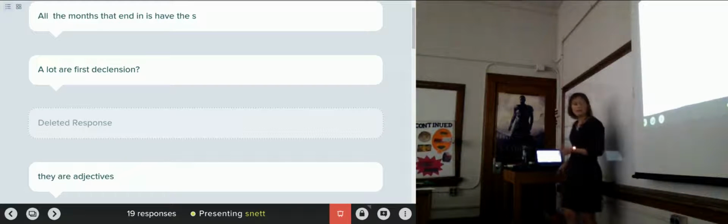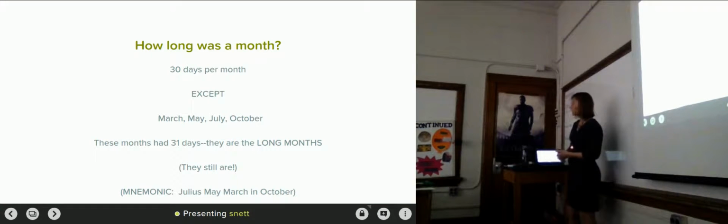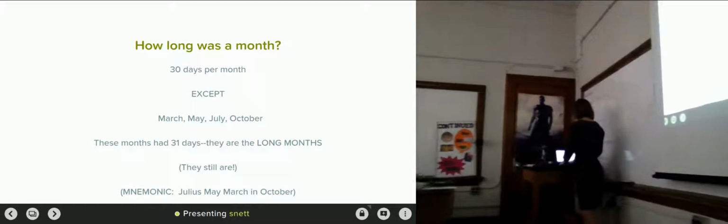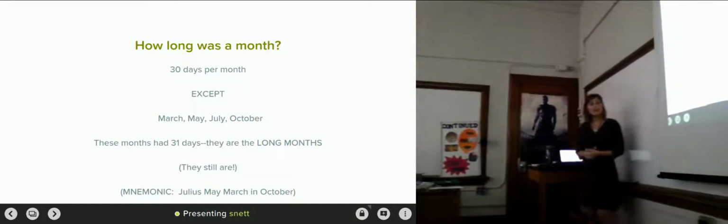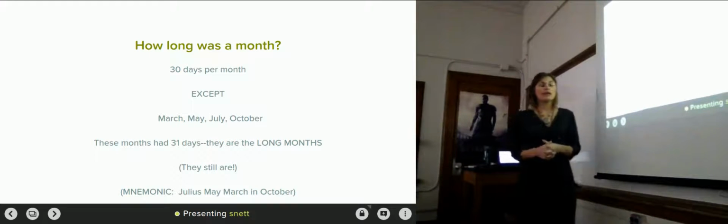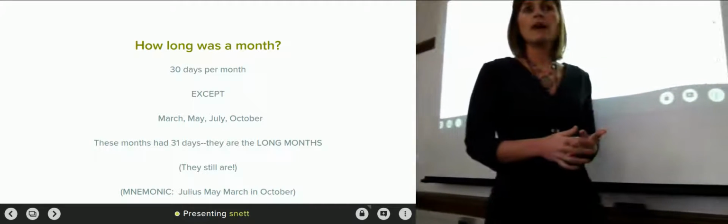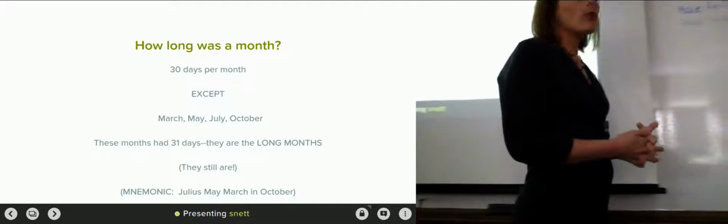Okay. Let's talk about these months in toto here. So a month was 30 days long, pretty universally. The exceptions to that rule are the months of March, May, July, and October. In our American calendar system, we do have more months that have 31 days.